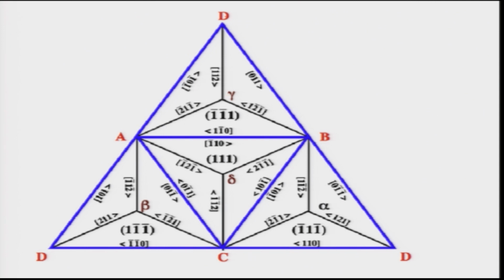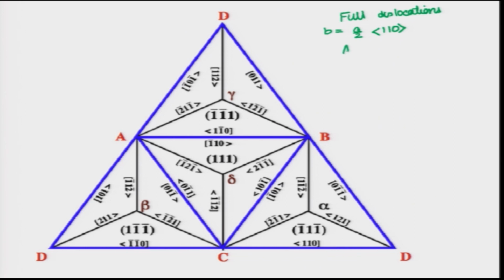Now, what is the importance? The importance is that the full dislocations over here can be represented, which is the Burgers vector equal to, like we said, these are the edges.